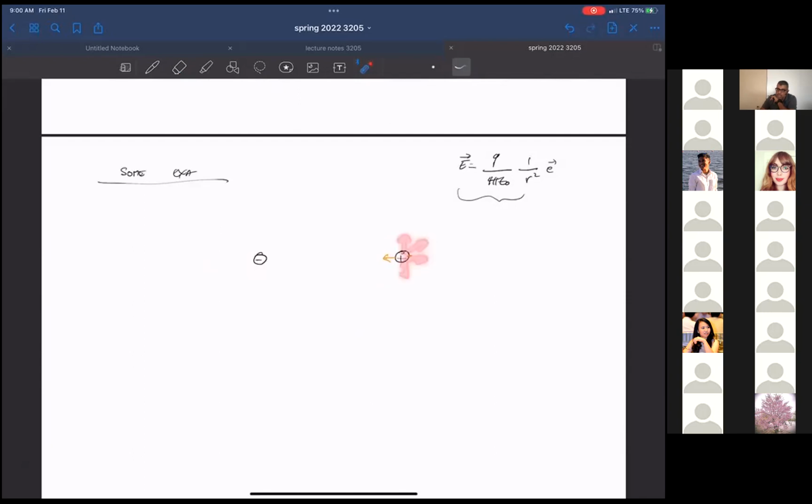Okay. And if this guy didn't exist, this guy would have electric field lines the same way, but pointing towards it. So this guy would have electric field lines like this, and this guy would have electric field lines like this.